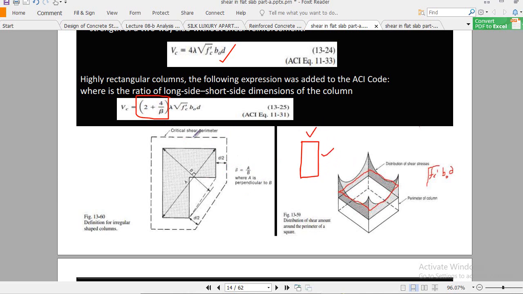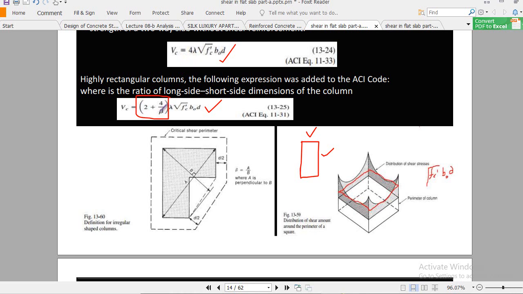If this beta is less than 2, we don't consider this equation because it is not a governing equation. And if it is more than 2, then in that case this equation will govern. For example, if it is less than 2, this whole value will be lesser than 4, so that's why it doesn't control.